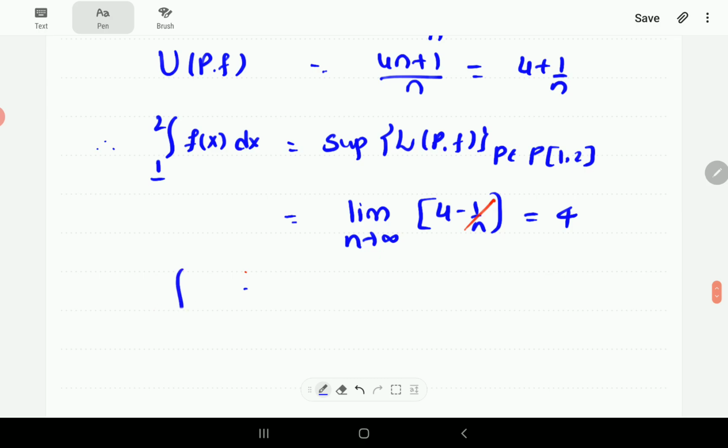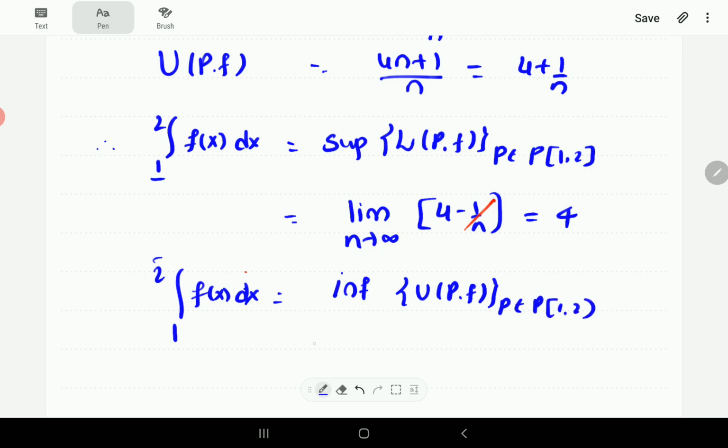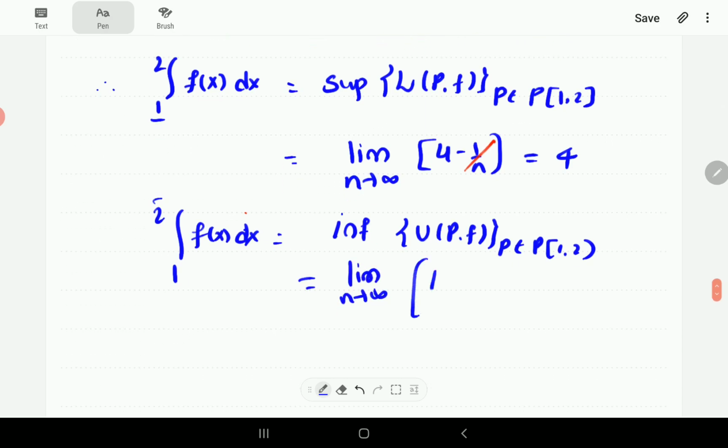And for the upper Darboux sum, the upper integral from 1 to 2 of f of x dx is equal to the infimum of the upper Darboux sum over the partitions of 1 to 2. This is equal to the limit as n tends to infinity of 4 plus 1 over n. As n tends to infinity, this is again equal to 4. So clearly both are equal.